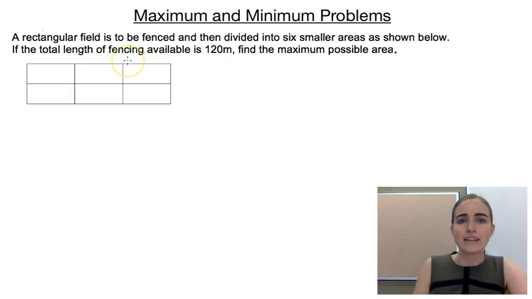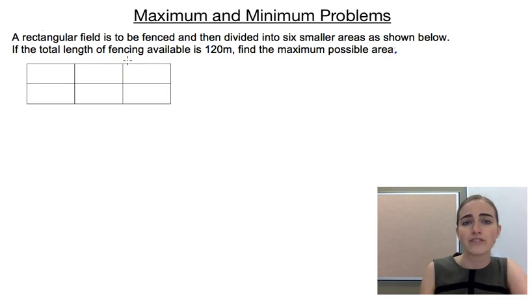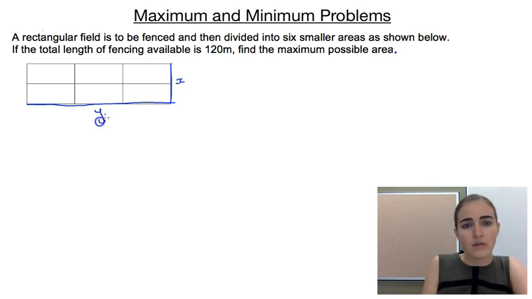So we don't have any variables or anything there. We're not given an equation, so we're going to have to make it. So let's call this length here, that whole length along there, let's call that x, and let's call this whole length along here, let's call that y. So first off, we know that the fencing that we have available is 120 metres.